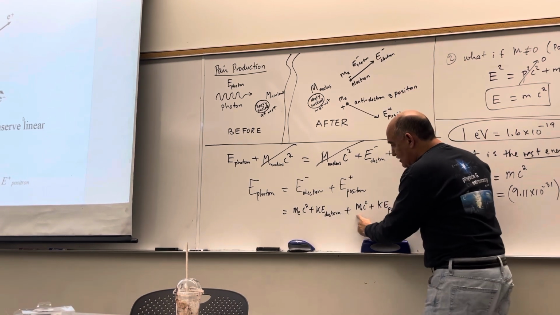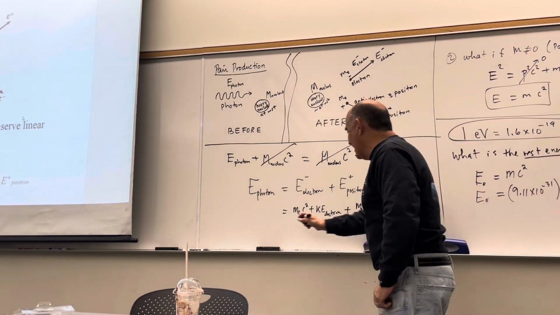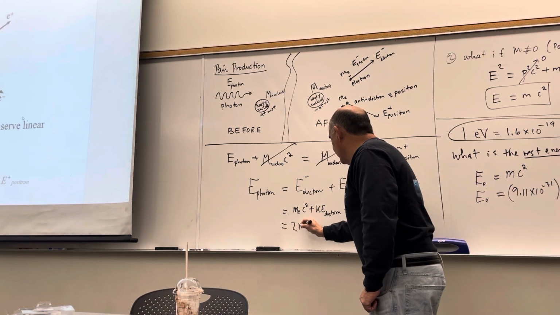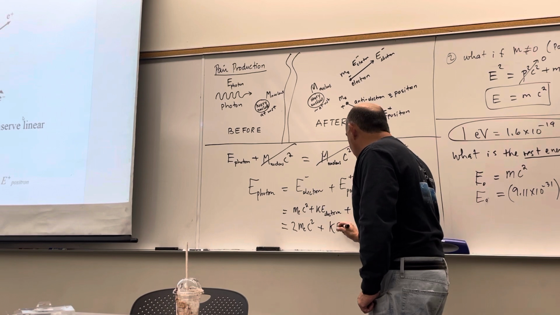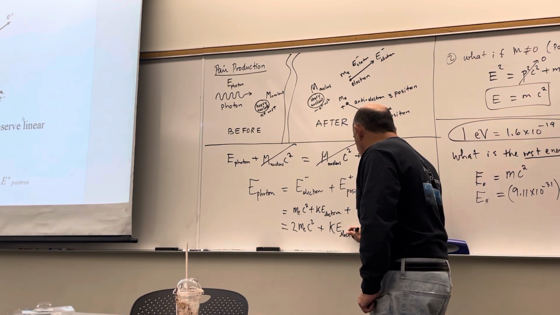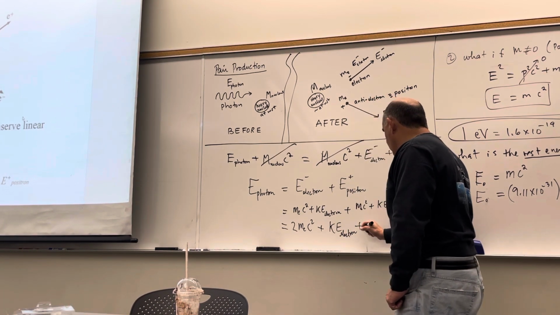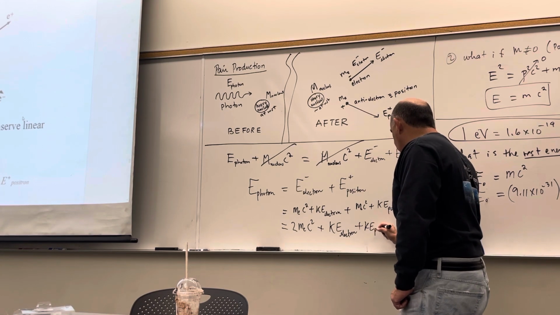Because these two masses are the same, I get twice the mass of the electron multiplied by c squared, plus the kinetic energy of the electron, plus the kinetic energy of the positron.